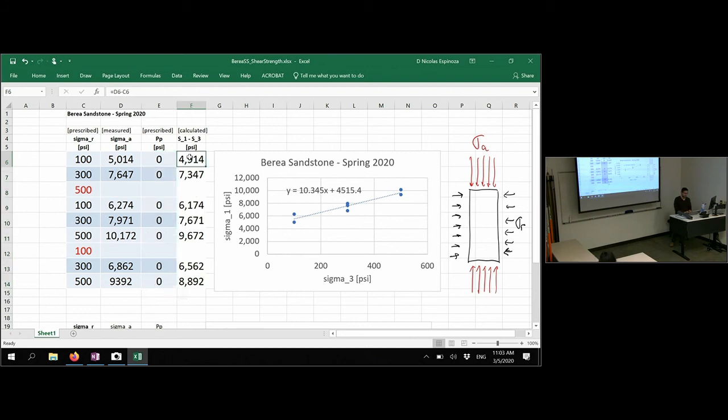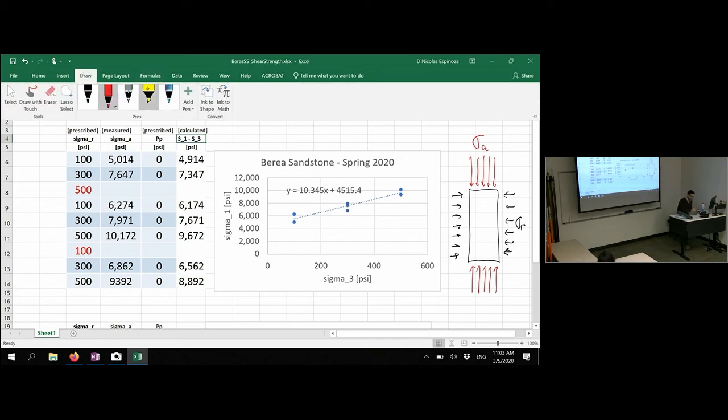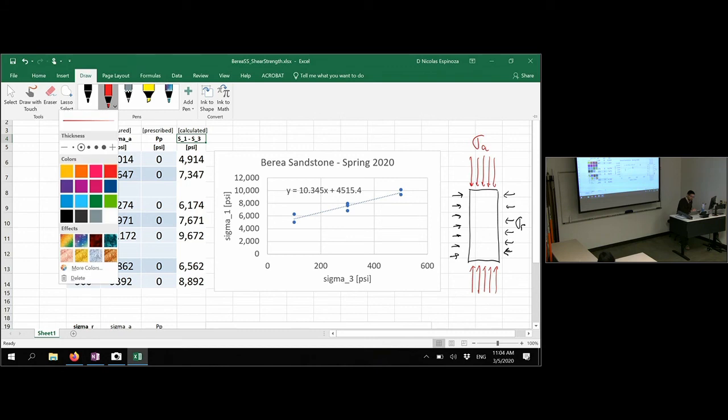And something else that we're going to introduce now is the deviatoric stress, which is the difference between the maximum principal stress and the minimum principal stress. So in this case, let me do it with another color here.